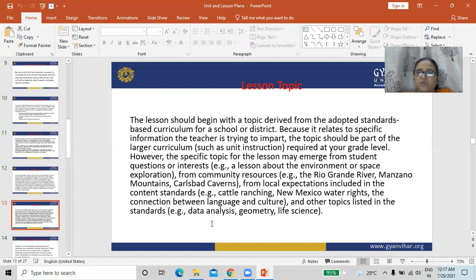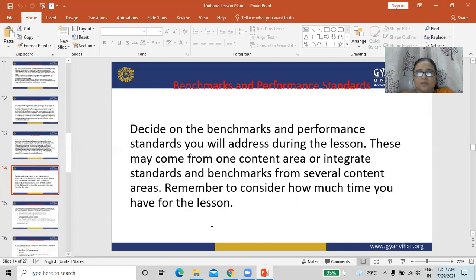So, first you choose the lesson topic according to the content, benchmark and performance standard.